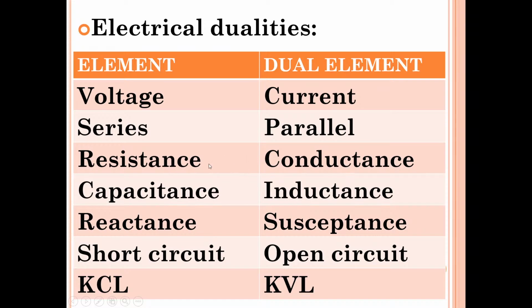Series and parallel also have identical behavior. Resistance and conductance also have identical behavior, therefore they are dual to each other. I don't know whether you know that resistance is reciprocal to conductance. Similarly, capacitance and inductance are dual to each other, and so on.